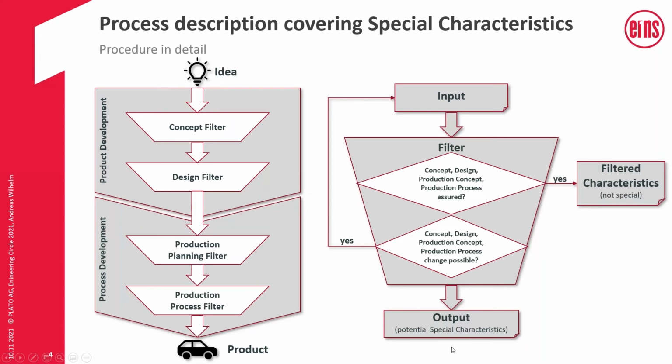If no, the output is a potential special characteristic and we forward it to the next filter level. And at the end, we have the final list of special characteristics for our control plan. So this is the idea of the VDA, but it's not described how to document these decisions and how to handle it. But the idea is quite a good one.